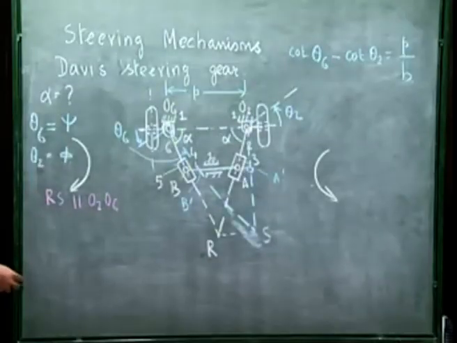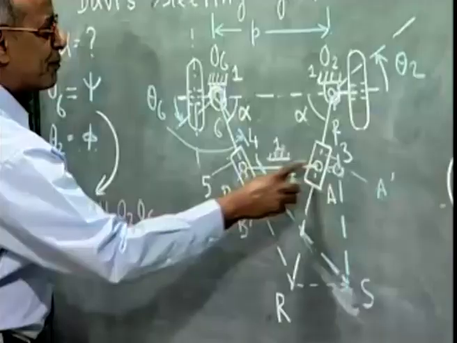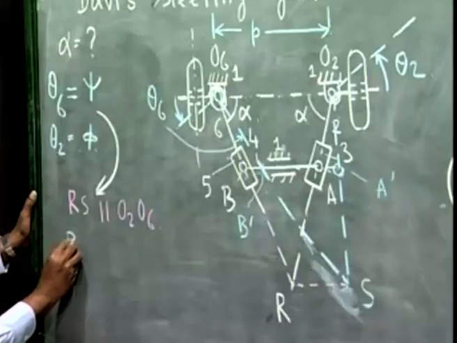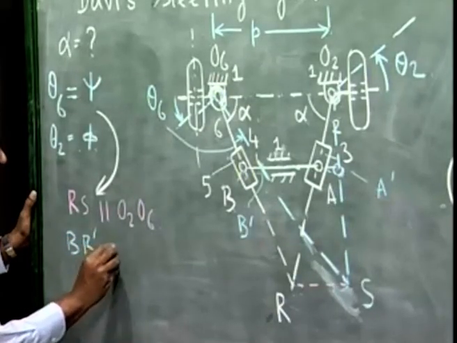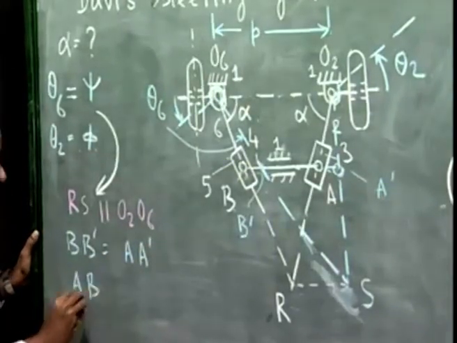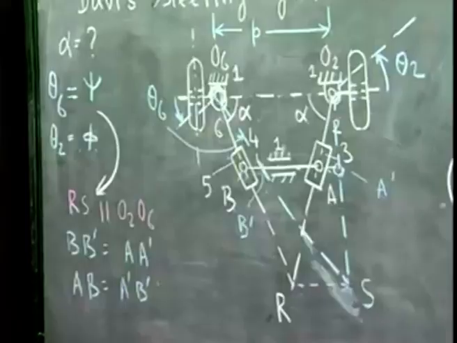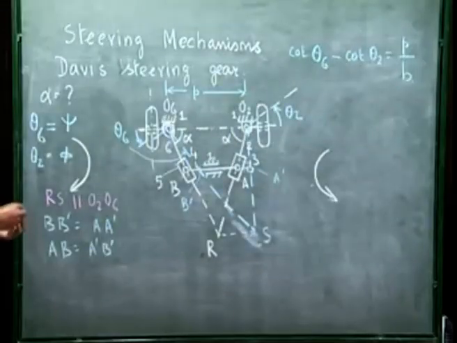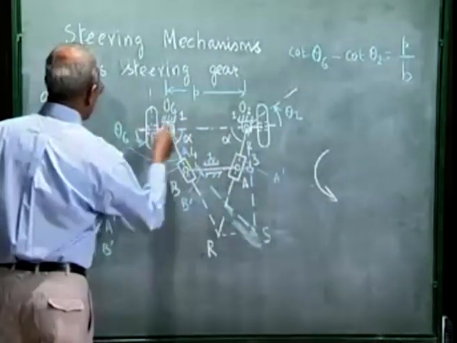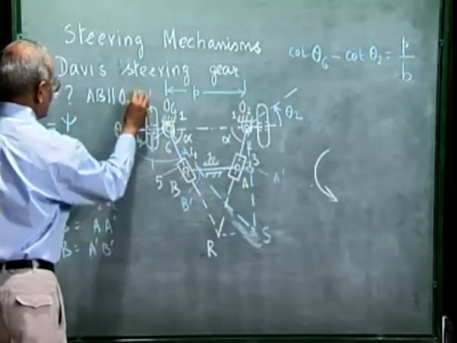To prove that, we have to remember that the length of link 4 between the two revolute pairs is the same, that is A prime B prime is the same as AB. And we already stated that this prismatic pair was parallel to O2O6, that is AB is parallel to O2O6.